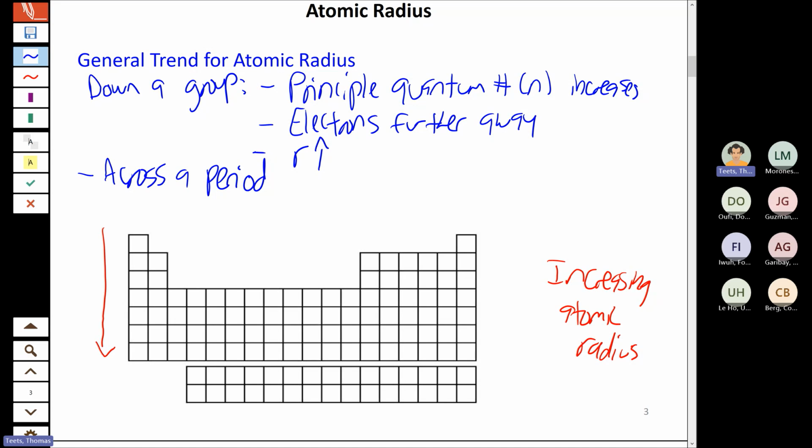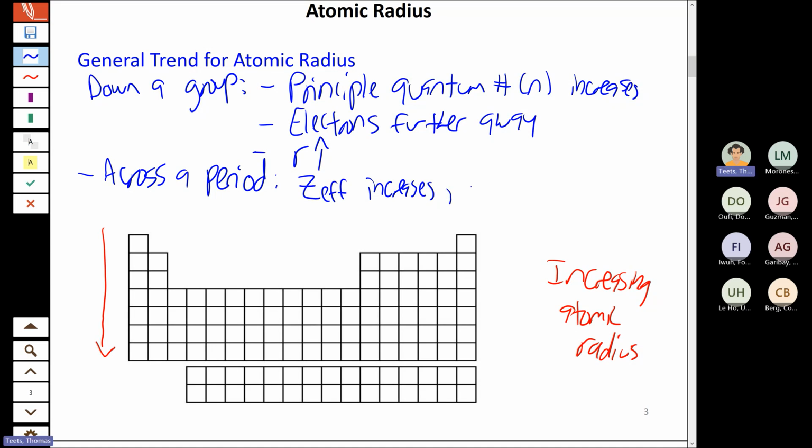So they're still in the same subshell in that whole block, but as you move across, you're adding more protons to the nucleus. It's those extra protons in the nucleus that win out, and they pull the electrons a little bit closer as you move left to right. As we described last time, the effective nuclear charge, Z effective as we abbreviate it, increases as you move left to right. You're putting electrons into the same subshell in the same row, but you're adding more protons to the nucleus, so that pulls them in tighter.